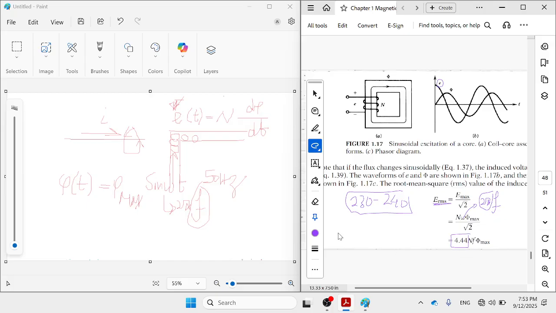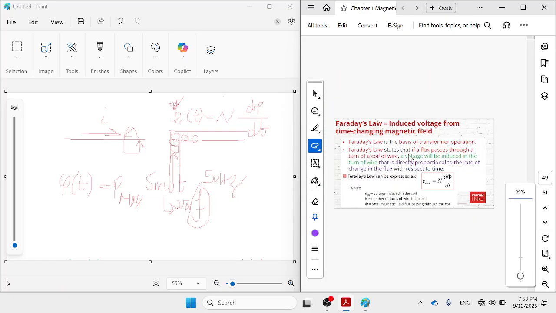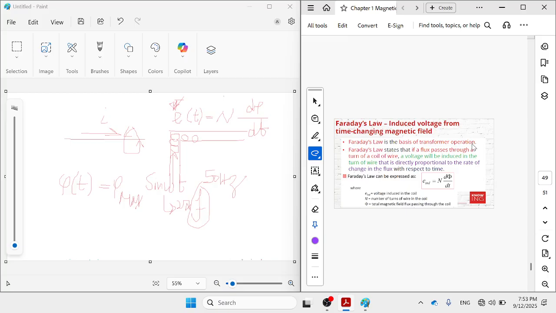So in another way, we can set the voltage as equal to 4.44 times N times frequency times phi max. Okay, this is how Faraday's law works. So here again is another way of representing it. Faraday's law is the basis of transformer operation.